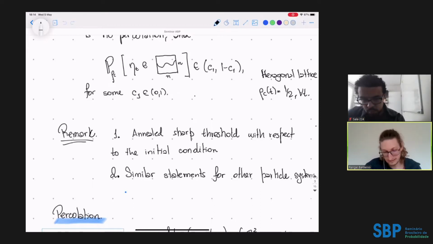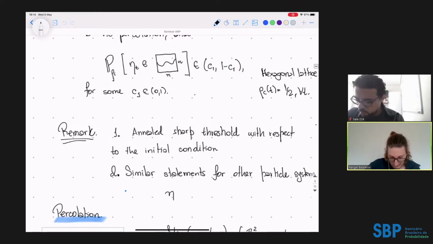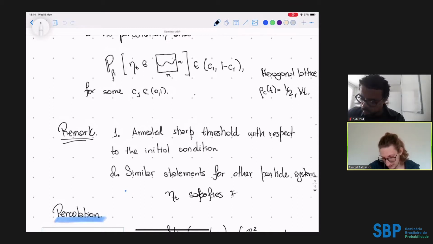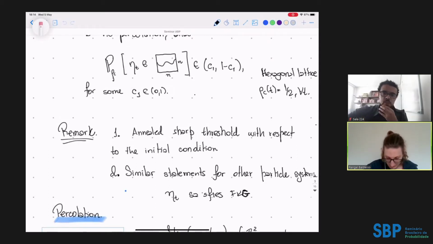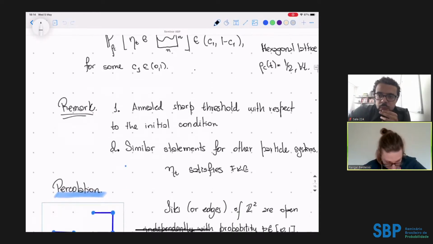Something like attractiveness is needed, and we also need to know that the configuration at time t, eta t, satisfies FKG. It's not immediate, but it's true for several natural models like the voter model or the contact process.